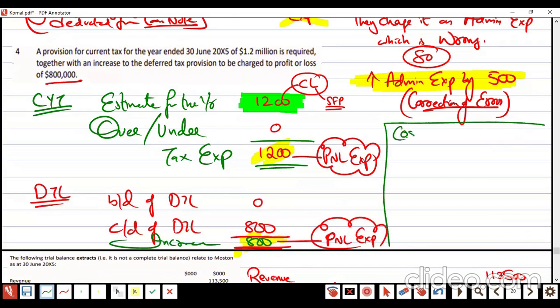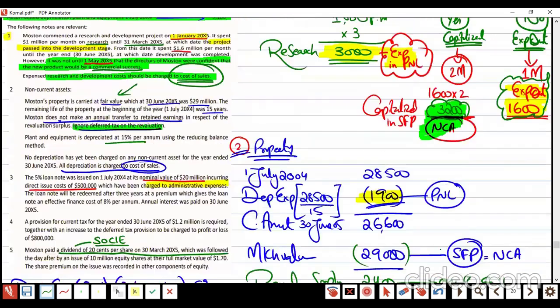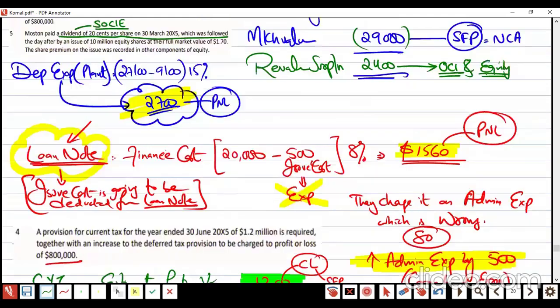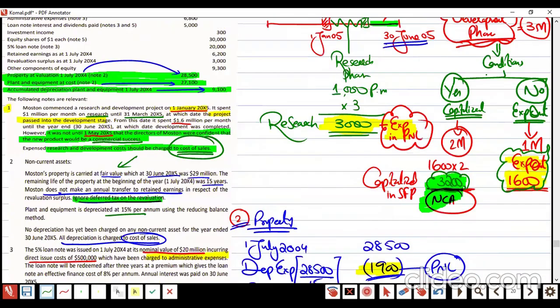Cost of sale. How much is the cost of sale given in the question? Check. 88,500. 88,500 is the draft, no? Draft means in the question. Now, they said, note number one, if you have any expense thing, you must charge to the cost of sale.